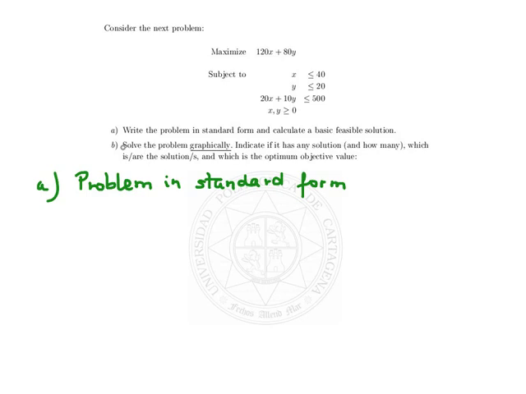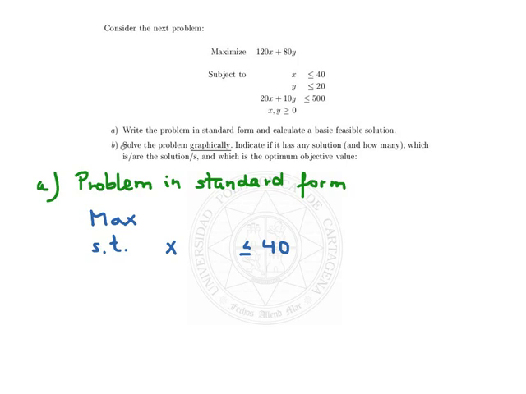To write the problem in standard form, I leave the objective function for later and go to the constraints. The first one is x less or equal than 40.